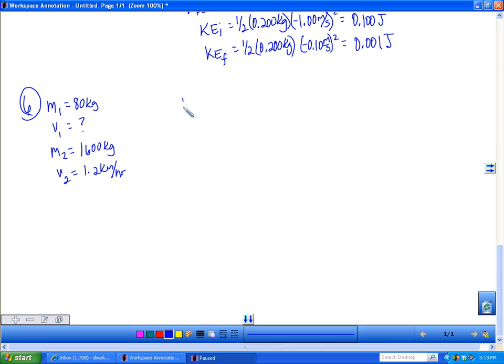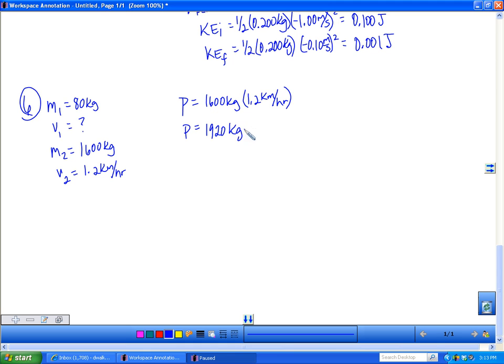So I said, well, the momentum of the car is 1,600 kilograms. And I'm going to leave it as 1.2 kilometers per hour. Technically, you should probably put it in meters per second, but that's okay because everything's going to work out in the end. So when I did that, I got 1,920 kilogram meters per second.